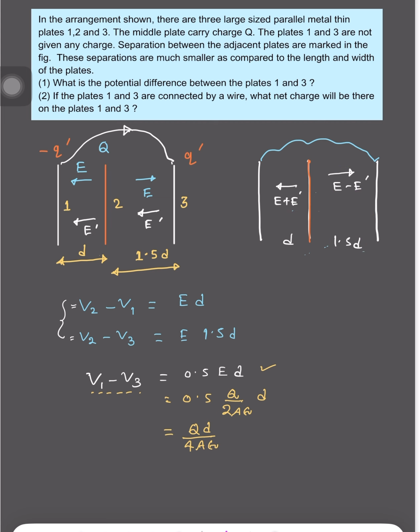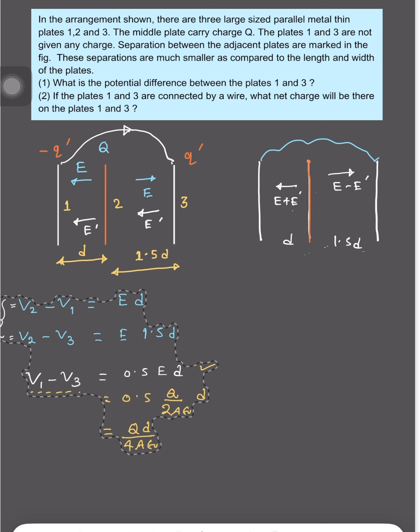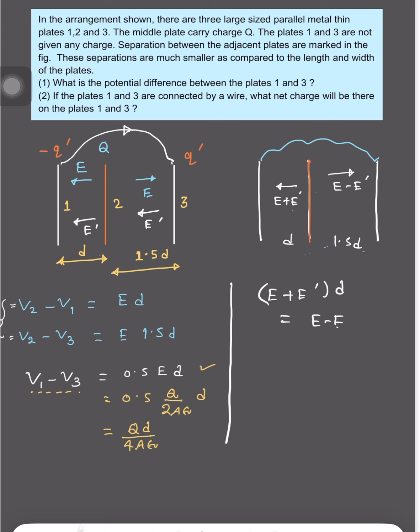So if we do that, what will we get? Then we will get E plus E dash into D should be equal to E minus E dash into 1.5D, and we simplify it.